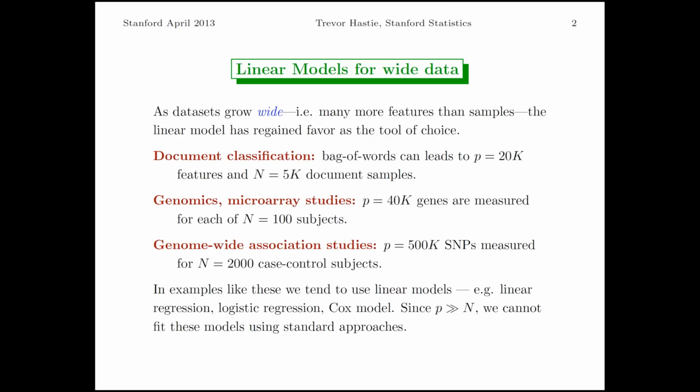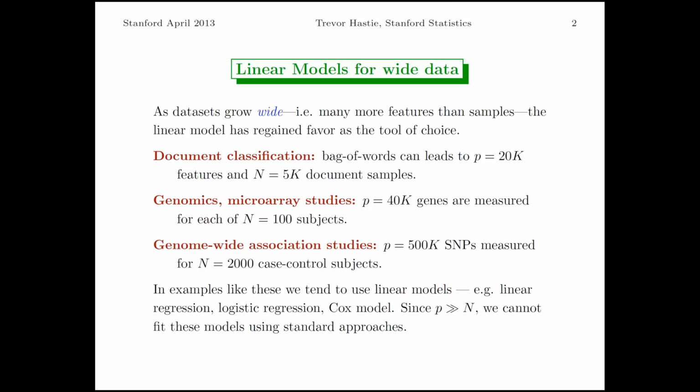So in document classification, you might have the bag of words model, where you basically score a document for which words are present, say the words in the English dictionary. You can easily have 20,000 words if you just use unigrams, many more if you use bigrams or higher order grams, and you might have 5,000 documents. So many more variables than observations.